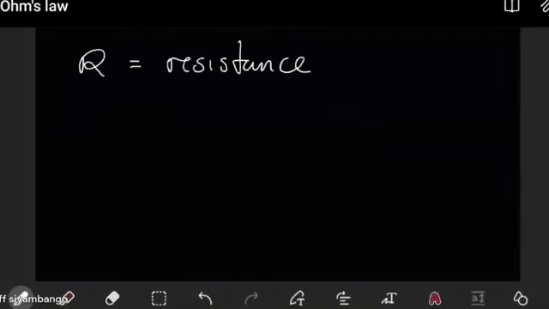It's just the difficulty current encounters as it is moving in a conductor. Now, how do we account for resistance? Well, this resistance depends on the material that current is moving in.